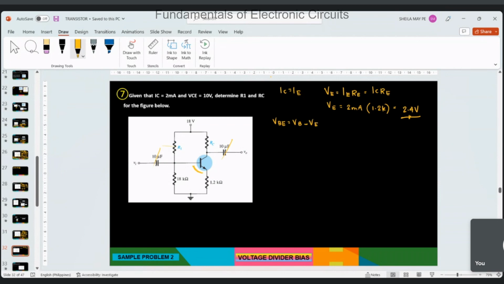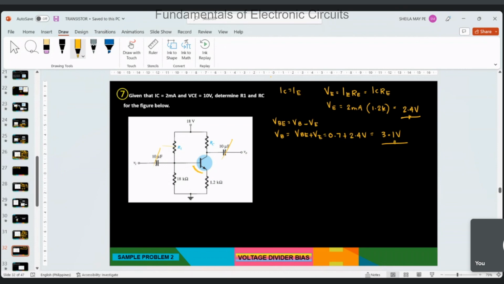So from that, makakuha ta ni VB. So VBE plus VE, VBE is at 0.7 plus VE at 2.4 volts. So this is 3.1 volts.